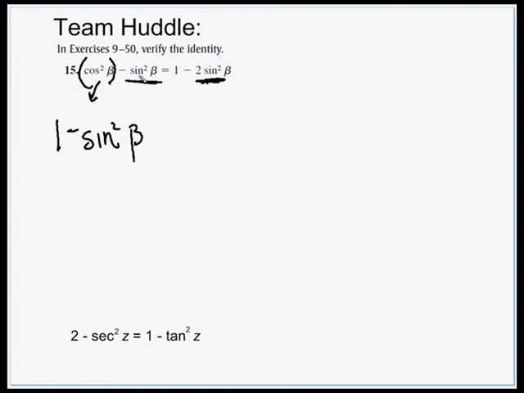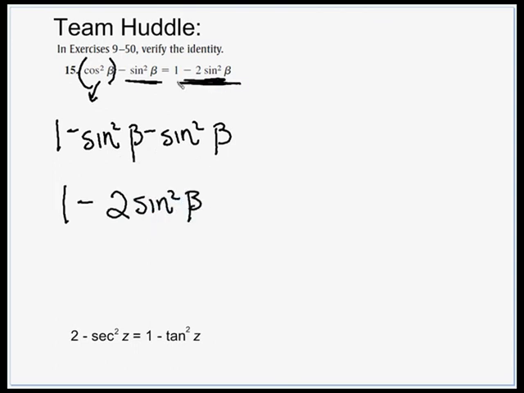And then we still have this minus sine squared beta. Well, 1 minus sine squared beta minus another sine squared of beta. It's like 1 minus x minus x. Minus x and minus x is minus 2x's. So here we have minus 2 of these sine squareds of beta. Just like what we were trying to get to. 1 minus 2 sine squared beta.